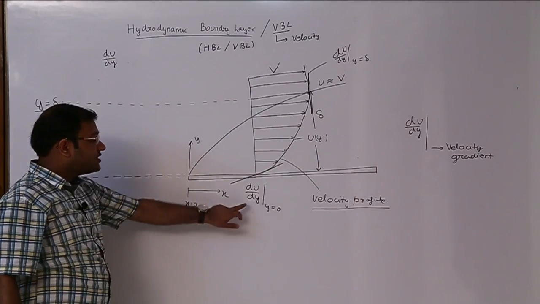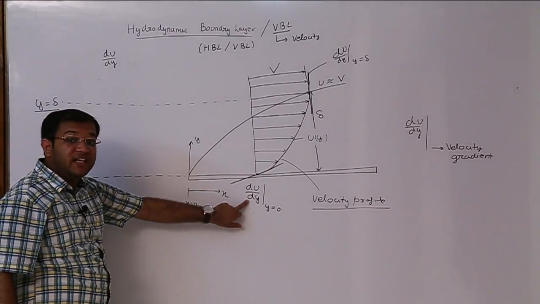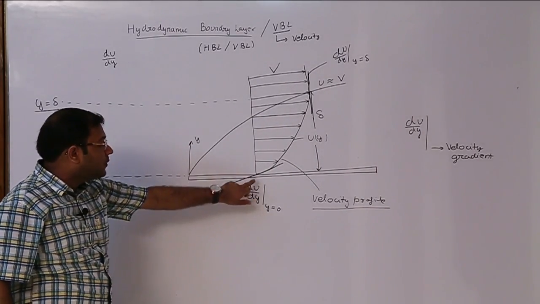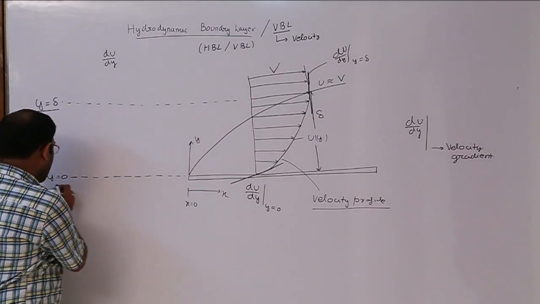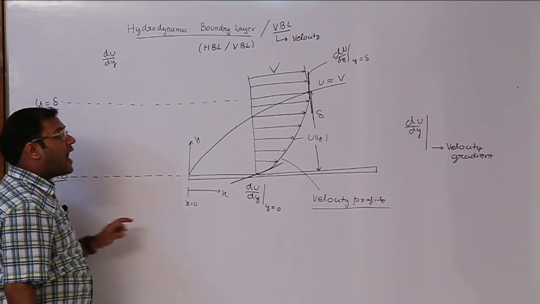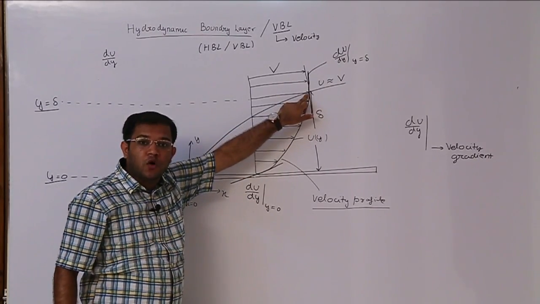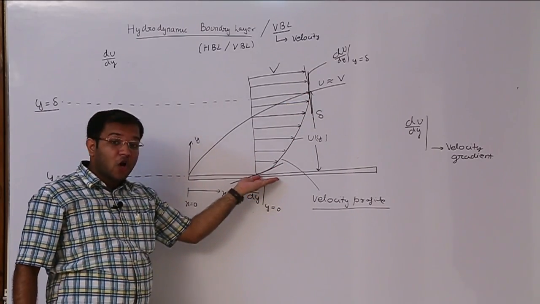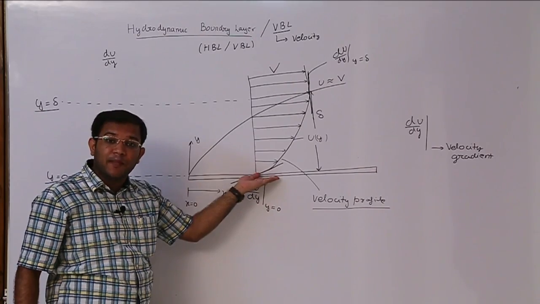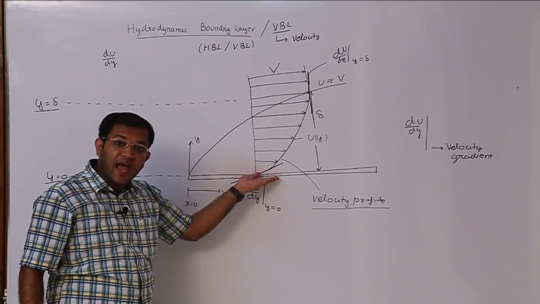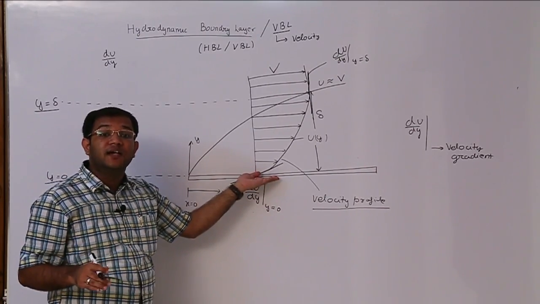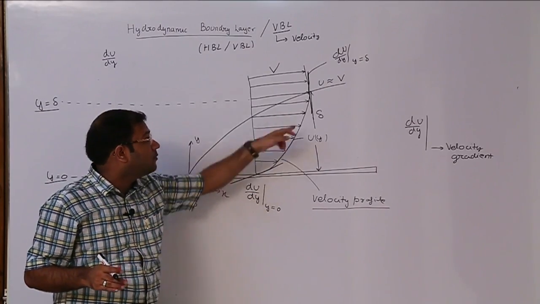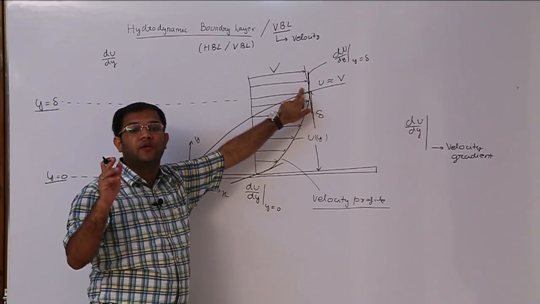Now we see that this velocity gradient du by dy, or the slope, is maximum at y equals 0, and it approaches 0 at y equals delta. So we see that velocity gradients are maximum at the solid surface, and it progressively decreases from maximum to 0 at the boundary layer.